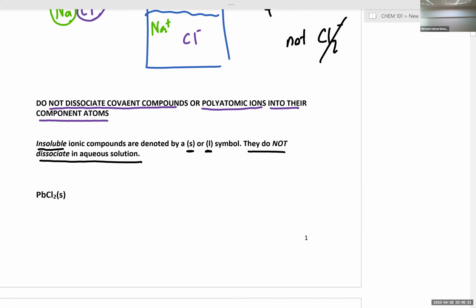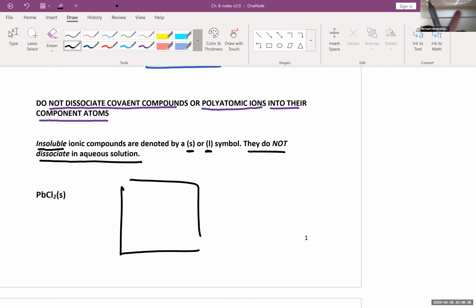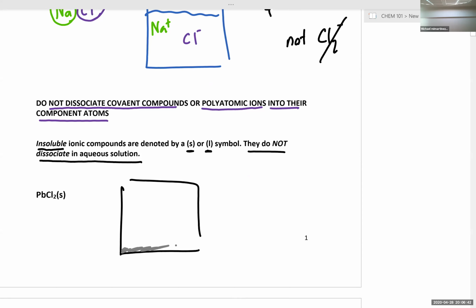Okay, so for example, lead chloride. If we were to draw a picture of lead chloride, lead chloride would just sit as a solid at the bottom of your reaction mixture. It's insoluble. Does that make sense to everyone?